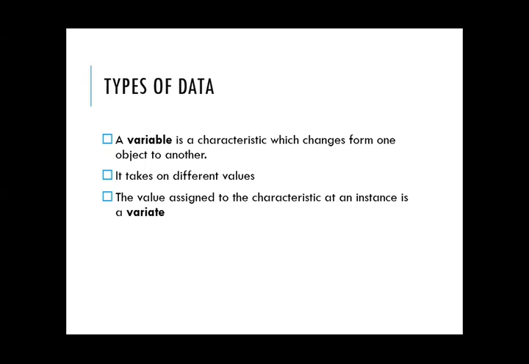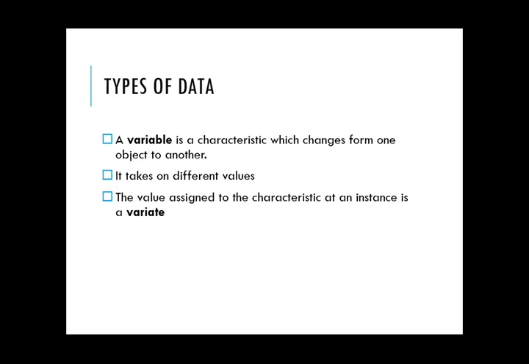Good. Now another variable will be your preferred color. If I ask Eben, what is your best color? He will tell me white. I ask Kojo, he might tell me red. So the value of color is changing from one object to another. So preferred color is what?